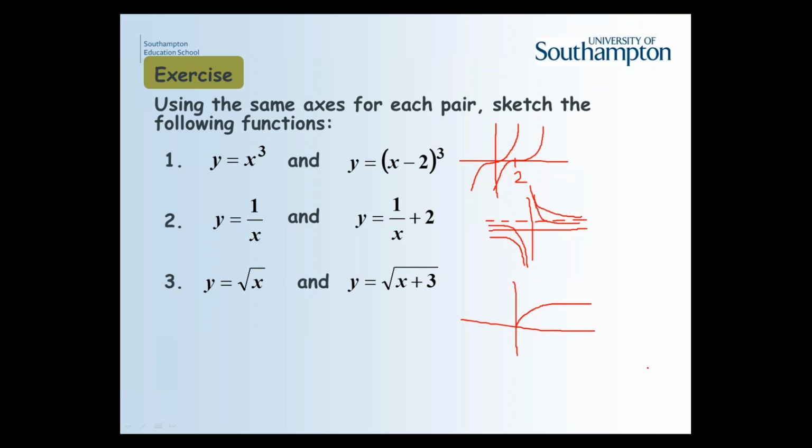So when x is 9, y is 3, and when x is 16, y is 4. Yeah. I've made it look flat there by mistake. It's a bit too flat, isn't it? It shouldn't look quite that flat. Yeah, that's a bit better.